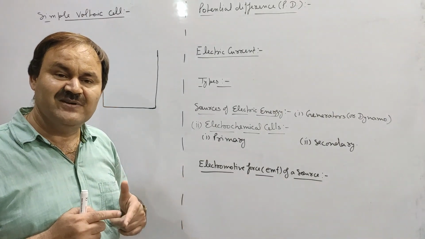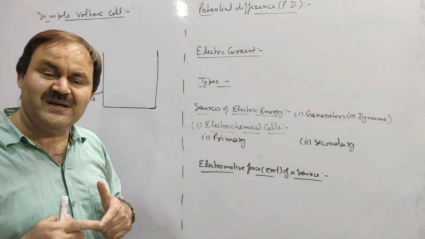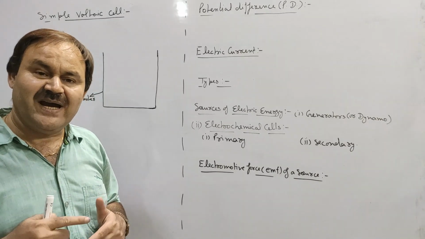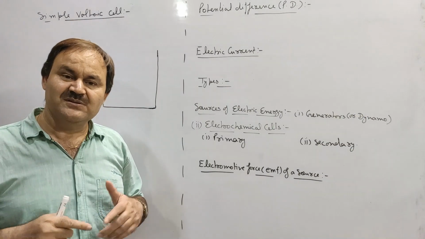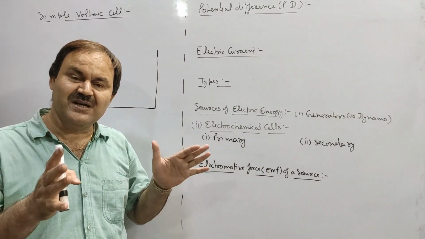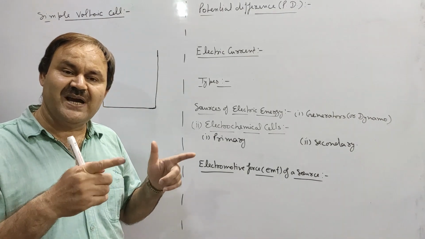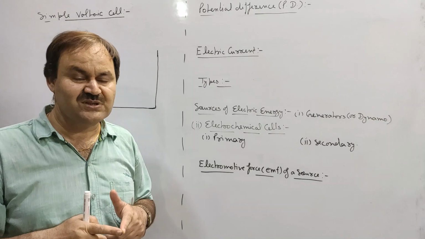After that we will obtain the relationship between E.M.F, terminal potential difference, and potential drop for a cell, and using that expression we will find out the expression for total current drawn by circuit from the source, and also the expression for internal resistance of the source.